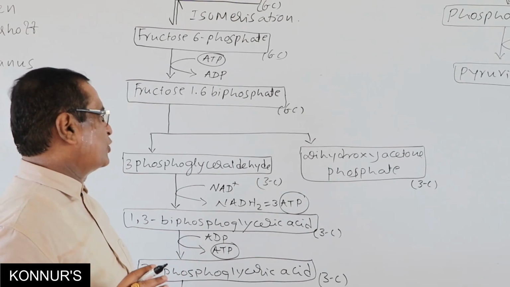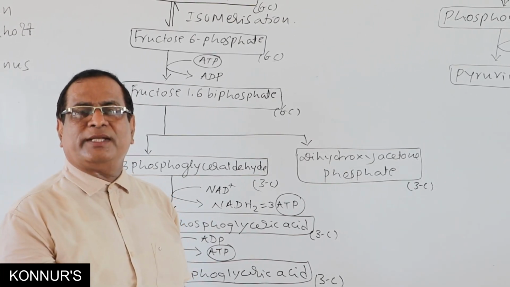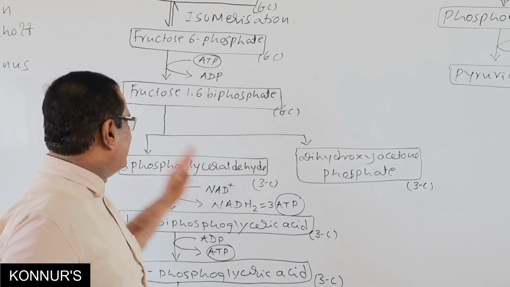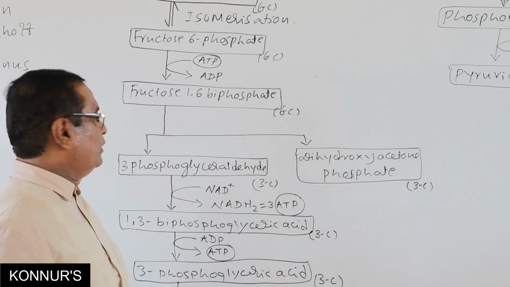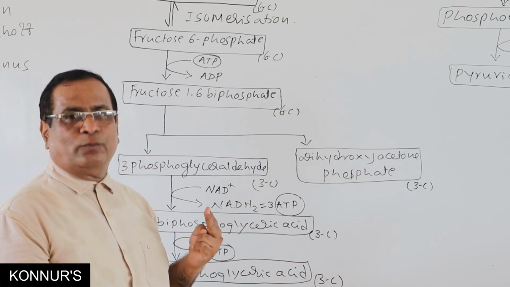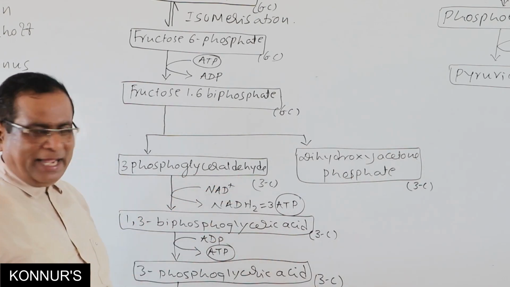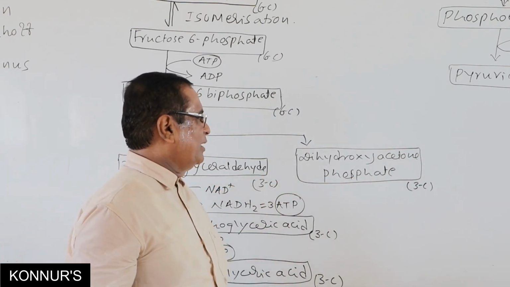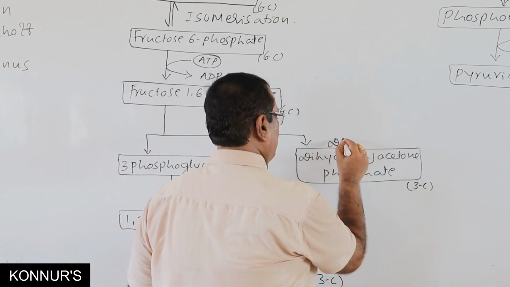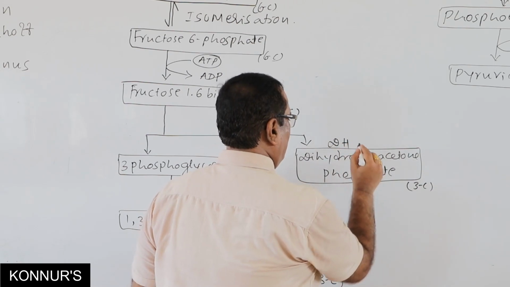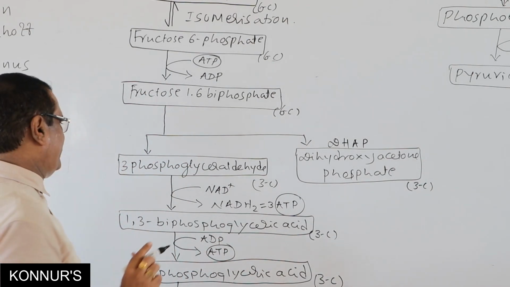Now this fructose 1,6-bisphosphate undergoes splitting. Once it splits, it gives rise to two isomers. One is 3-phosphoglyceraldehyde, another is dihydroxyacetone phosphate, in short form DHAP.